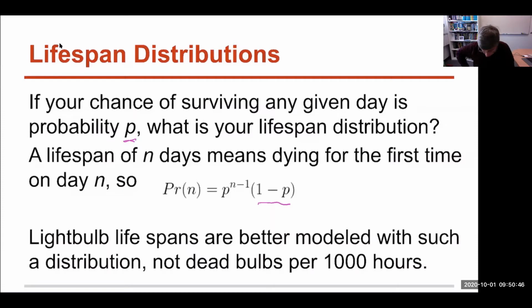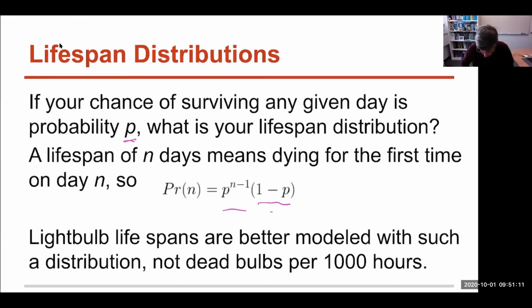It means that n minus 1 days in a row, you woke up and breathed. So the probability would be that for the first n minus 1 days, you were breathing, and that was probability P every day. So it's P to the n minus 1 times the probability that on the nth day you stopped breathing.